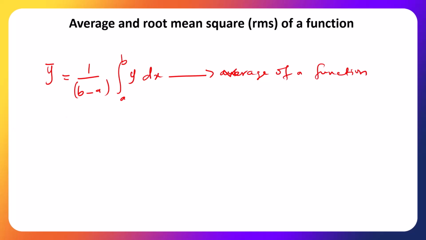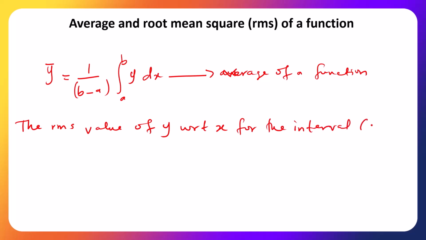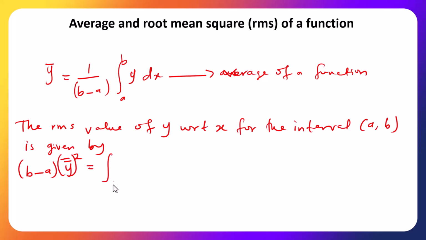For the root mean square that we call RMS, the RMS value of y with respect to x for the interval a, b is given by b minus a times y bar bar squared, which is equal to the integral moving from a to b of y squared dx.